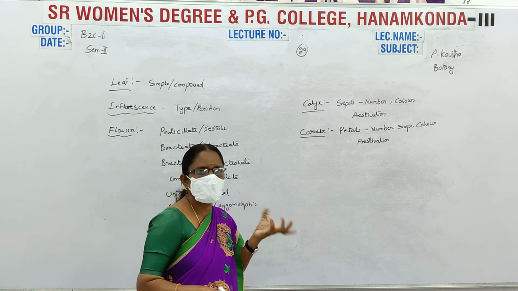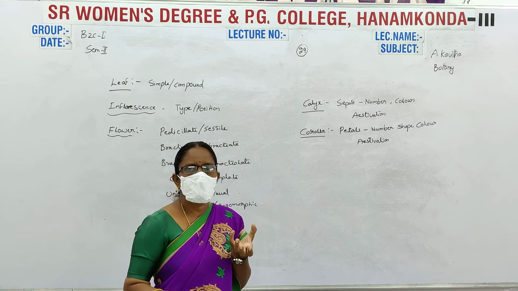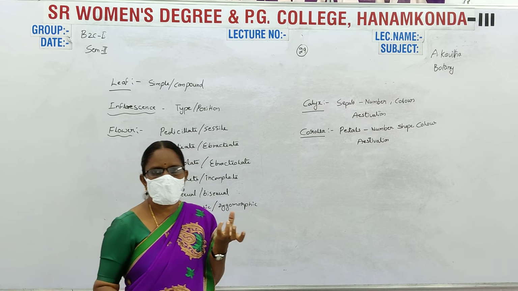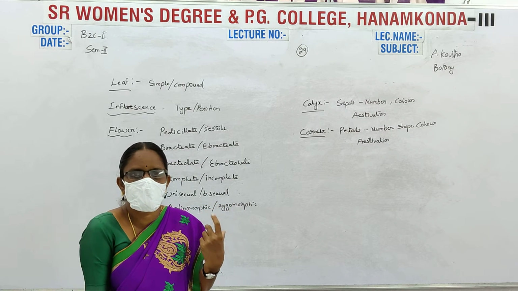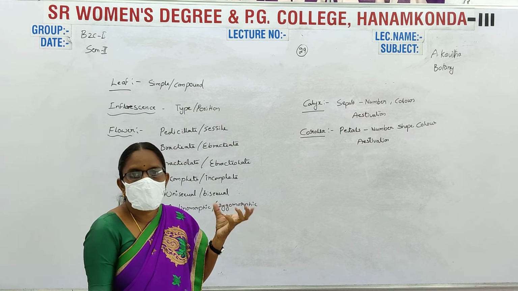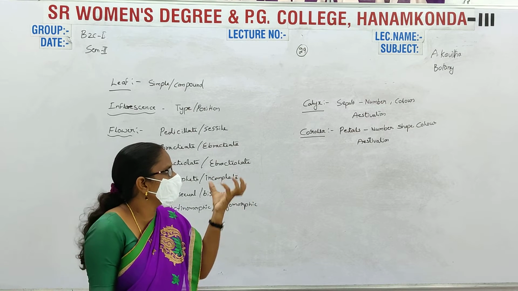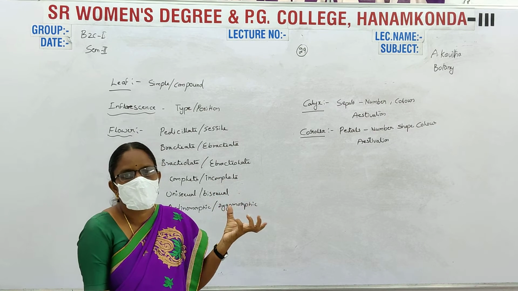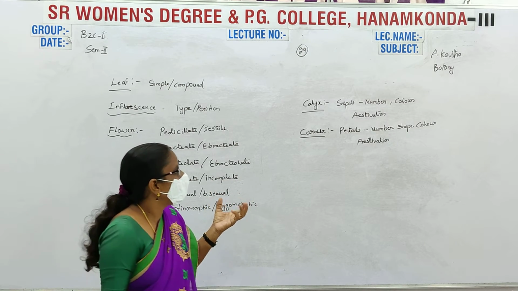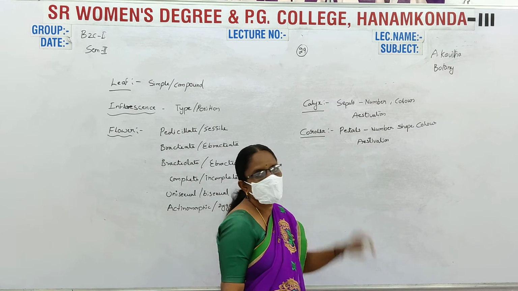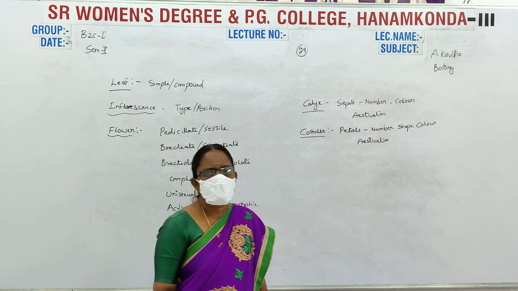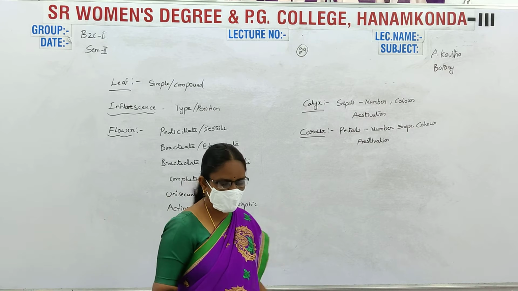Normally the petals are colored, for example pink in hibiscus and pink in rose plants. Different types of colors are present in the corolla petals. And next one is the estivation of the corolla.